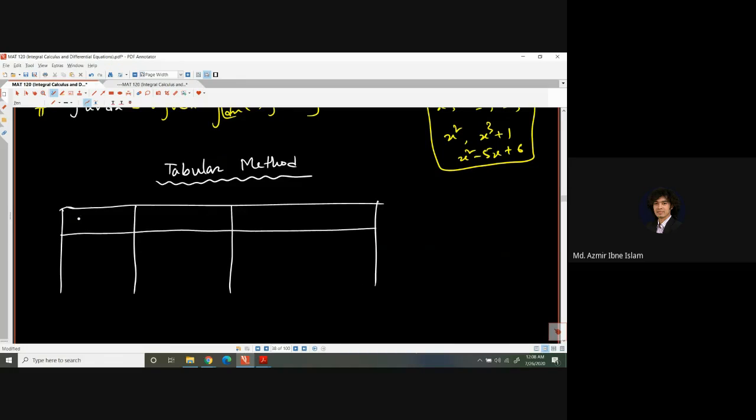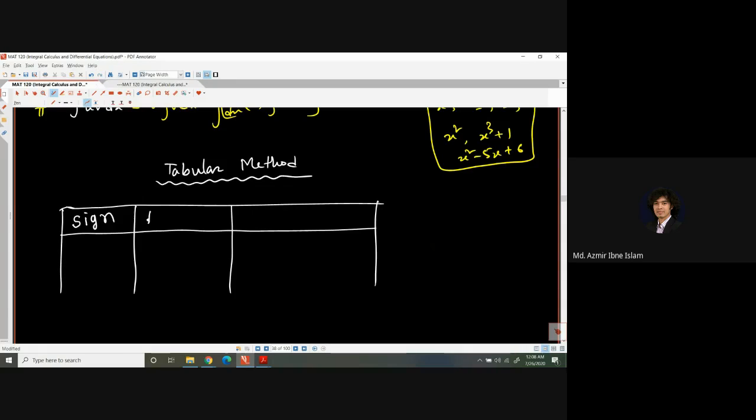The first column will be for sign changes. I have written SIGN, not SIN. Sign means symbol, positive, negative, all these things I'm trying to mention. So this column is for sign.